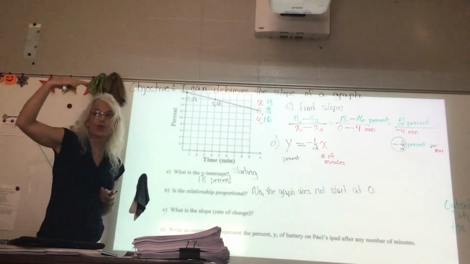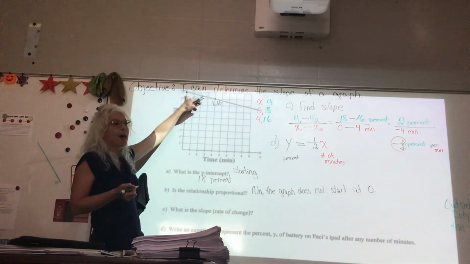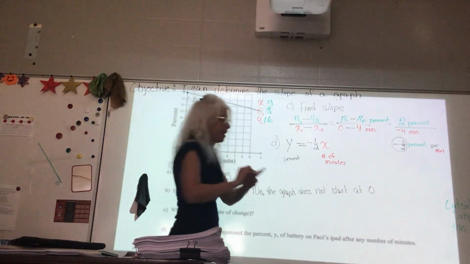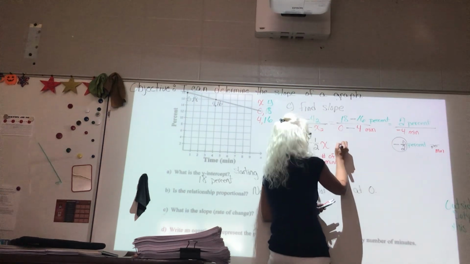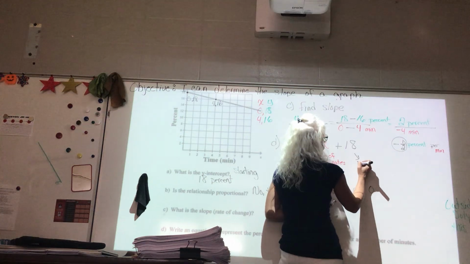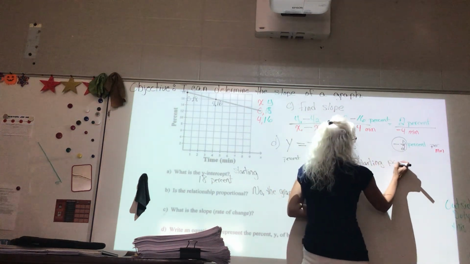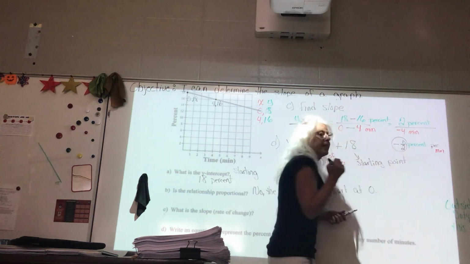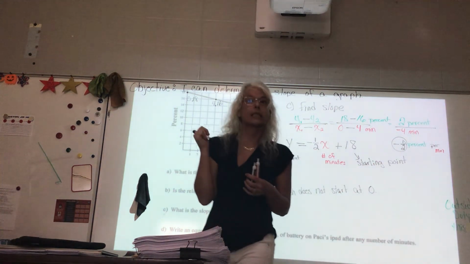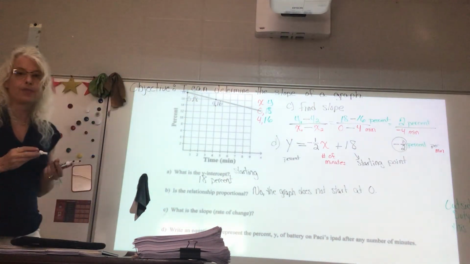Because don't we need to know where she started to find out where she is now? So did she start at positive 18 or negative 18%? Positive. So we're gonna put plus 18. That is your starting point. What's another thing that we call the starting point? Y-intercept. Go ahead and stop the video, me too.